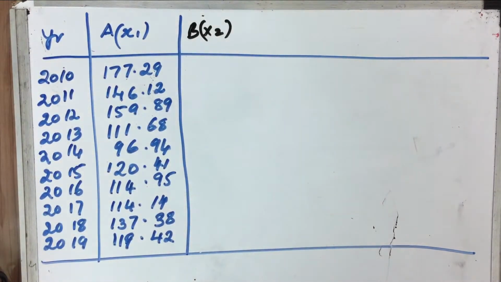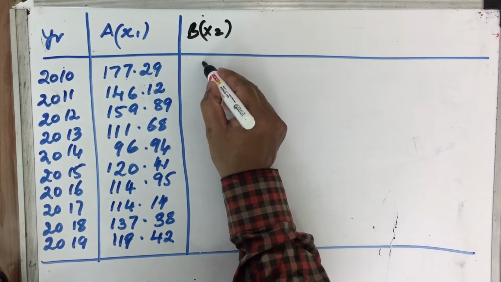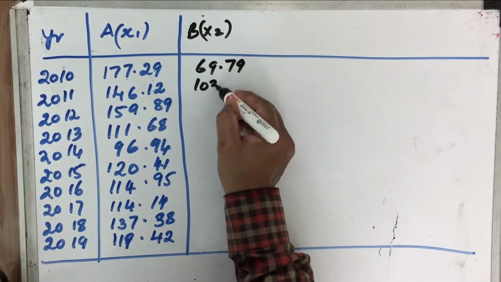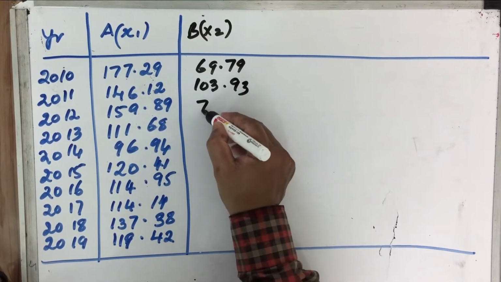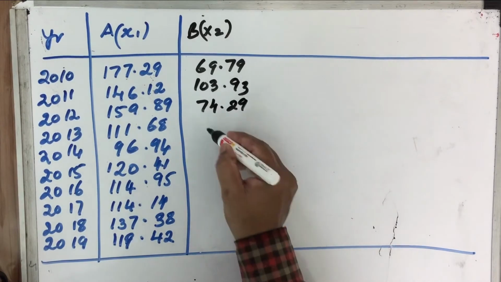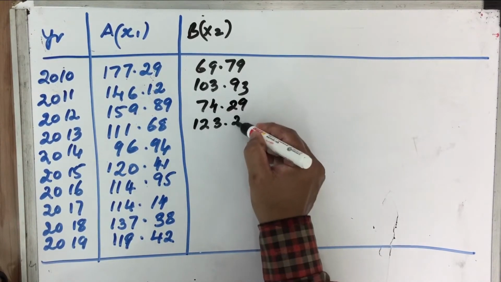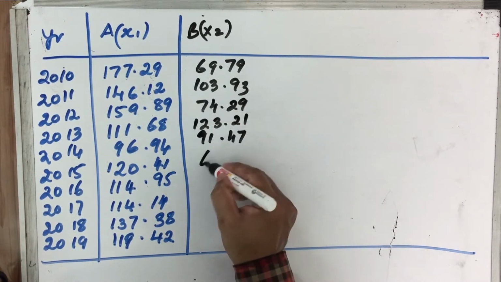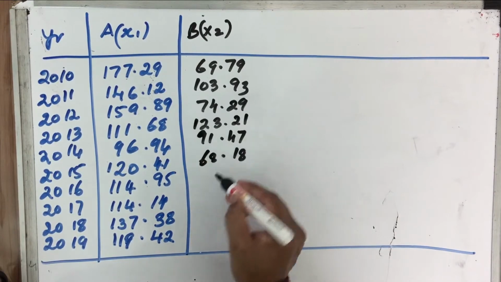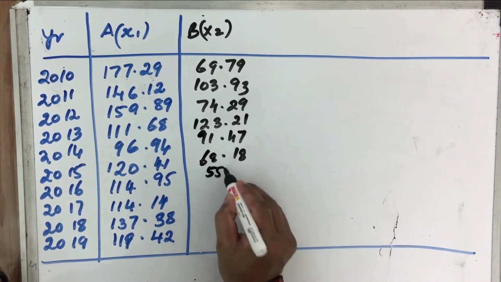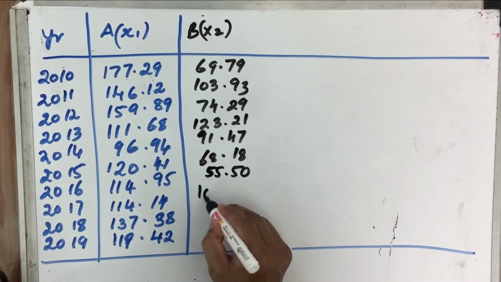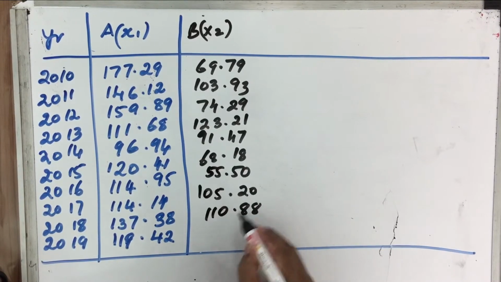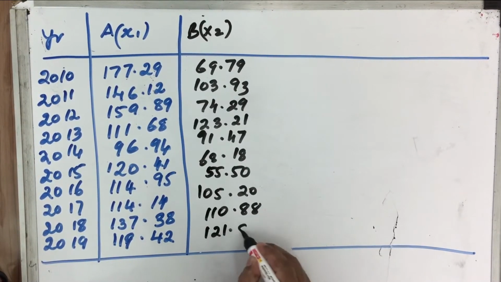There the rainfall is 69.79, 103.93, 74.29, 123.21, 91.47, 68.18, 55.50, 105.20, 110.488 and 121.84.